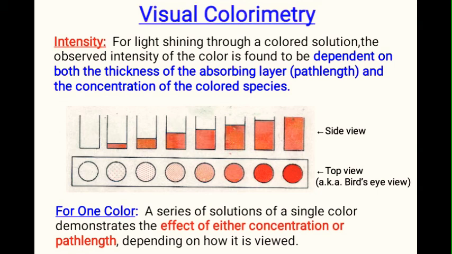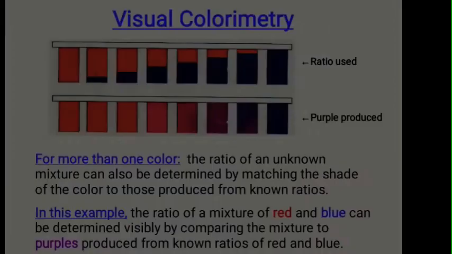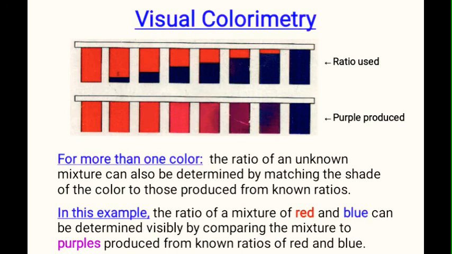And in visual colorimetry, you have seen on the screen there are two colors mixed, red and blue, in a certain ratio, and the second one is the purple colored complex. For more than one color, the ratio of an unknown mixture can also be determined by matching the shade of the color to those produced from known ratios.